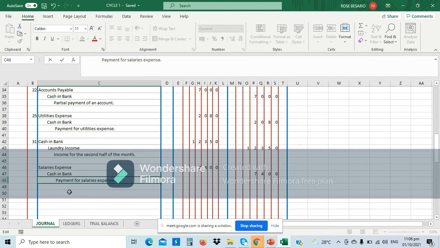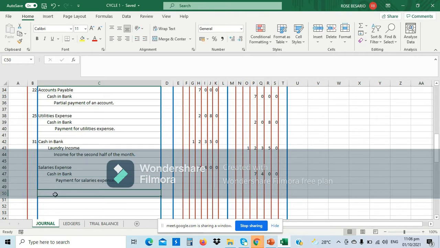Then another transaction for May 31 is Evangelista withdrew cash for personal use, 5,000. So this is Evangelista drawing, or Evangelista personal, 5,000.